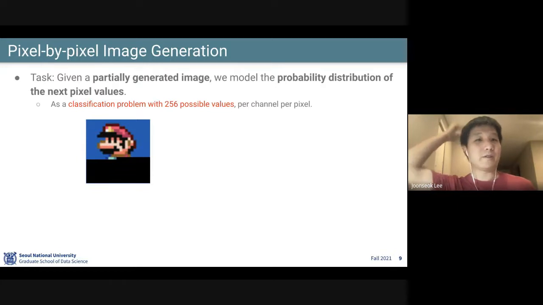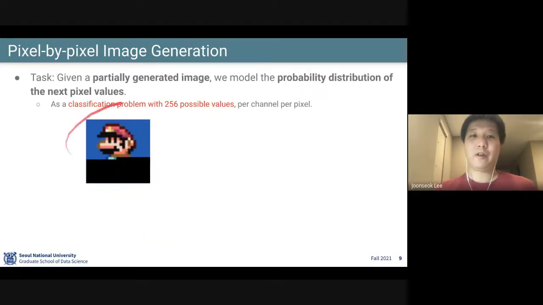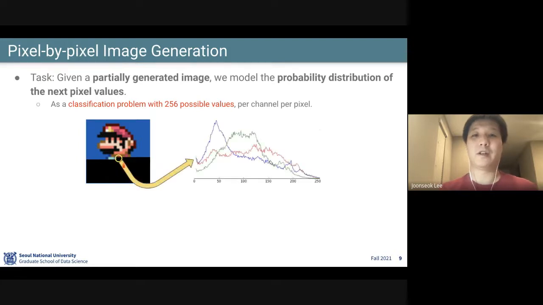So something like this. The task of this model is, given a partially generated image according to this order, and I'm going to assume we are using this order, but any other order is still fine, we are given this partially generated image, and the task is the very next pixel to be generated, which is this one. So we would like to learn and estimate the probability distribution of the next pixel. And here we assume RGB codes for each pixel.